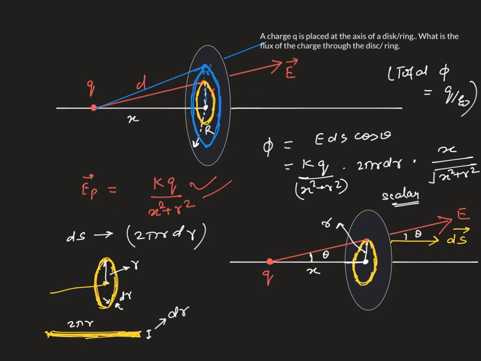As you can see, the blue area here would be a different area for r dash, and then there could be another area, let's say a green area. With those areas you can cover the entire area of the ring or the disk. So you can have multiple areas and you need the flux through each of those areas.